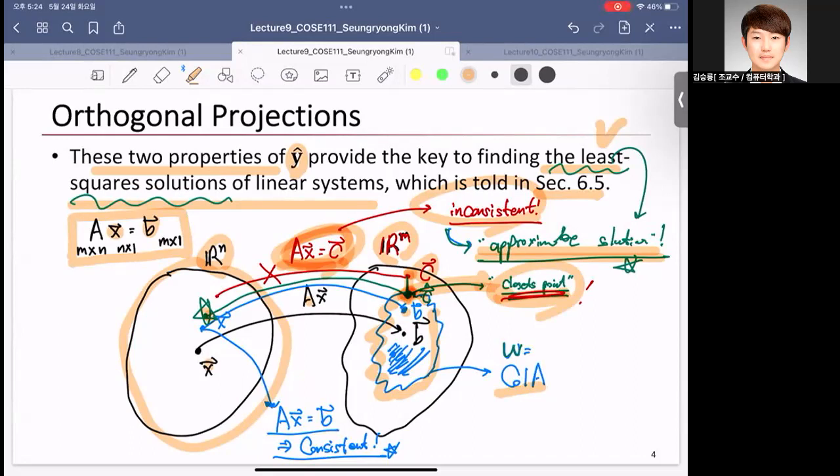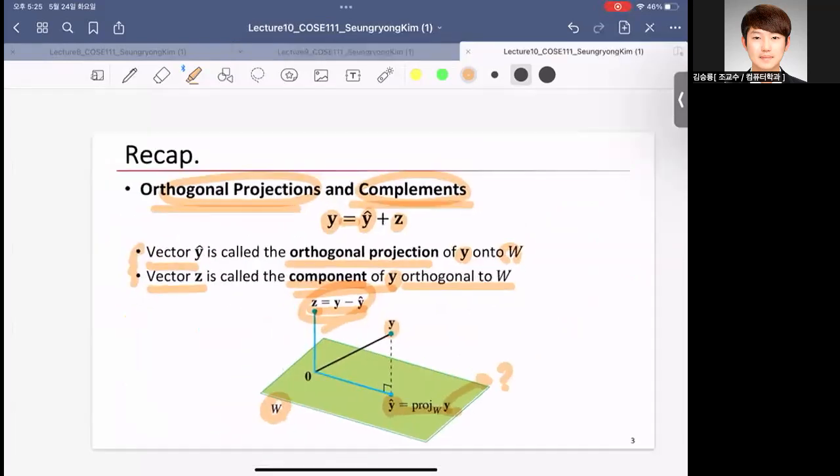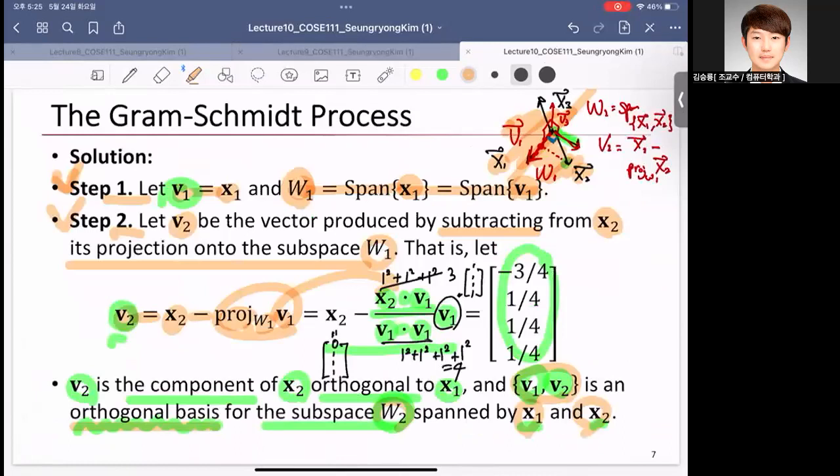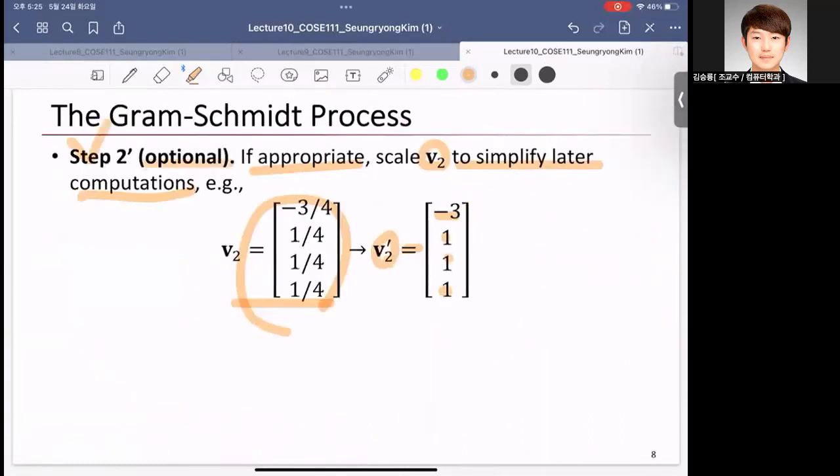Another application: maybe next week we will talk about another factorization technique, eigenvalue decomposition or eigen factorization, where we can use the Gram-Schmidt process to derive it. And 정우's question: the reason is that here, optionally, we just normalize V2 as V2 prime to simplify the later computation.